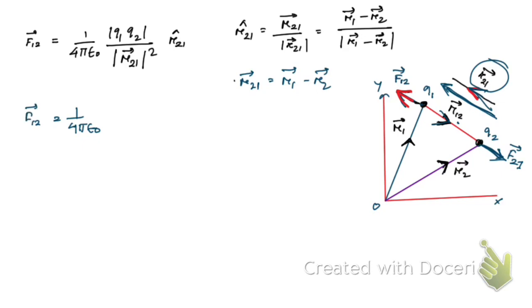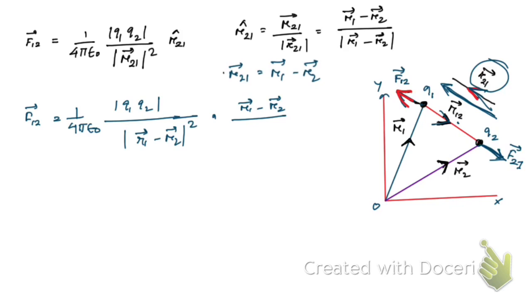F12 is equal to 1 by 4 pi epsilon naught Q1 Q2 by, so let us replace this by this. Then what we're going to have here is mod of r1 minus r2 squared. Then let us replace this by this value, r1 minus r2 vector, divided by mod of r1 minus r2 vector.